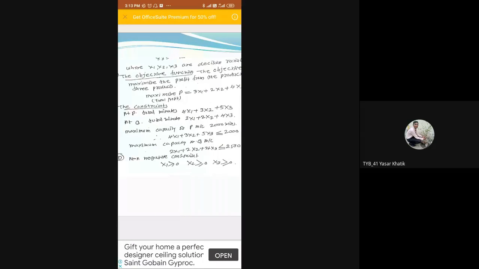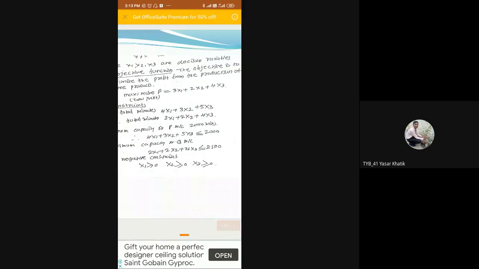Now the next constraint, at P: total minutes, how many minutes are available? So 4X1, where per X1 quantity the time is 4, for X1 quantity 4 into X1 related to product A, plus 3X2. This is the processing time. If you see the chart, this 4, 3, 5 is the processing related to the A type of machine.